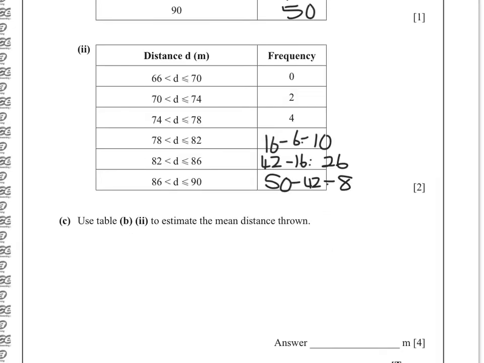To find the mean from that table, we then want the midpoints, so 68, 72, 76, 80, 84 and 88.